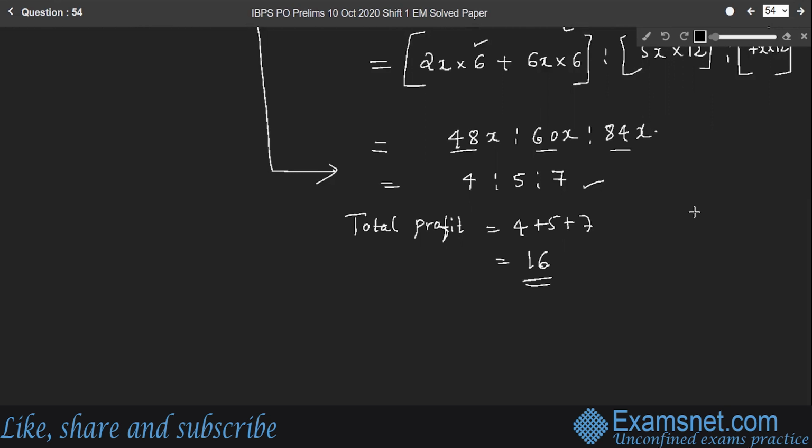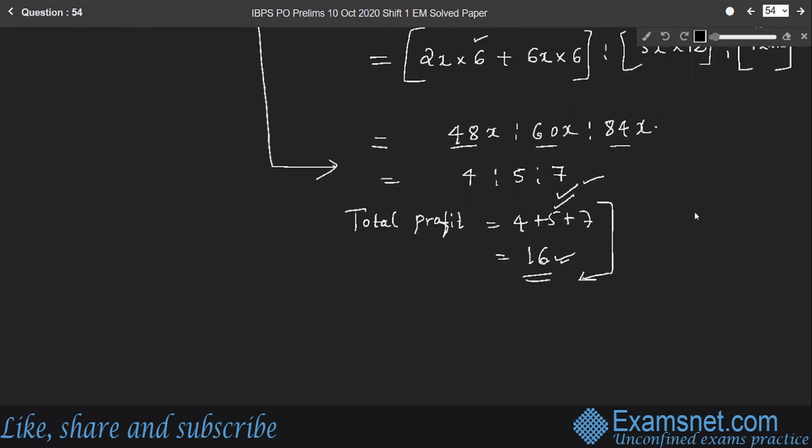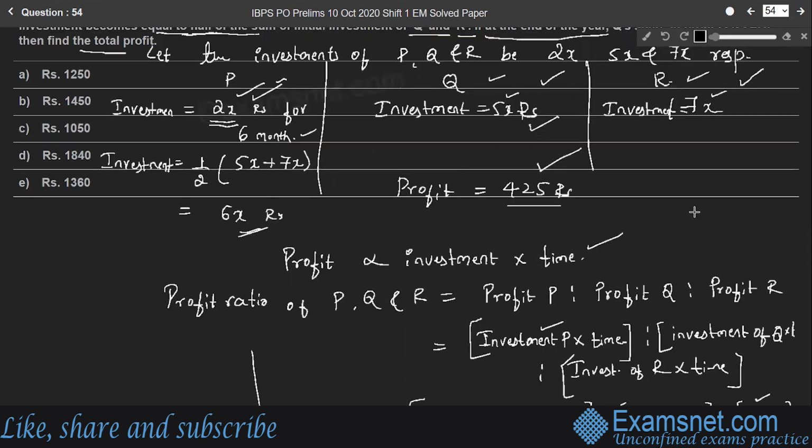If 5 is Q's profit share, 16 is the total profit. Therefore, if 425 is Q's profit, then what will be the total profit?